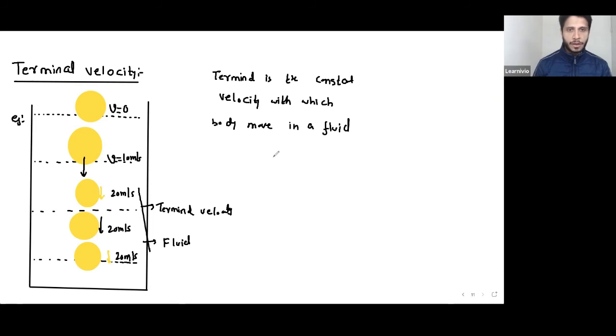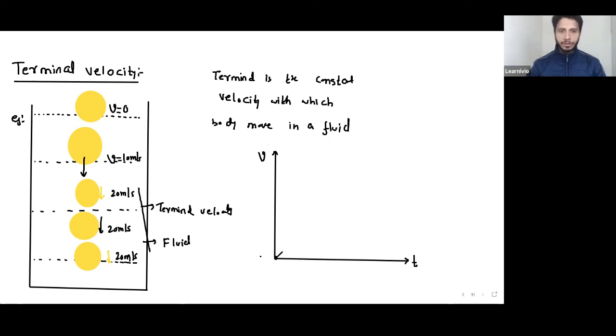If I draw the graph here, first understand what terminal velocity is, then we will see why a body attains a terminal velocity and what are the conditions under which a body can attain terminal velocity. This is time, this is velocity. When the body drops, its initial velocity is zero. Its velocity keeps on increasing, and finally it attains a constant value.